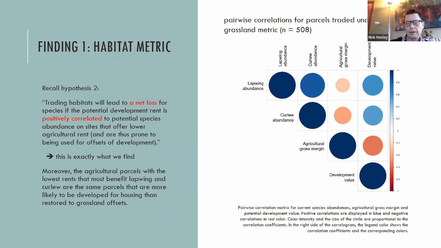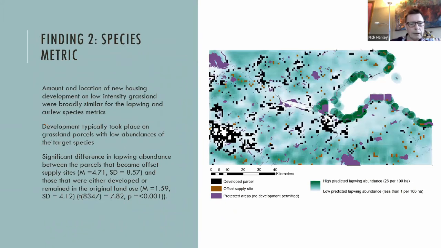So in this case study area, it looks like having a metric which is habitat is not good news if you're a bird. On the other hand, if you're a bird, then having a species metric is a great idea if you are the species that defines the metric.